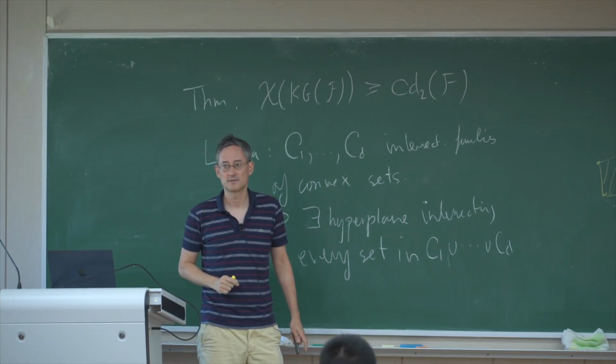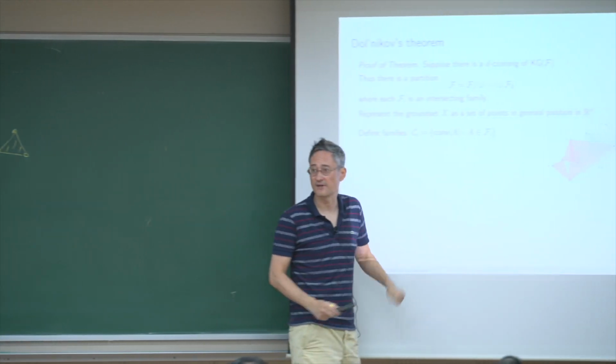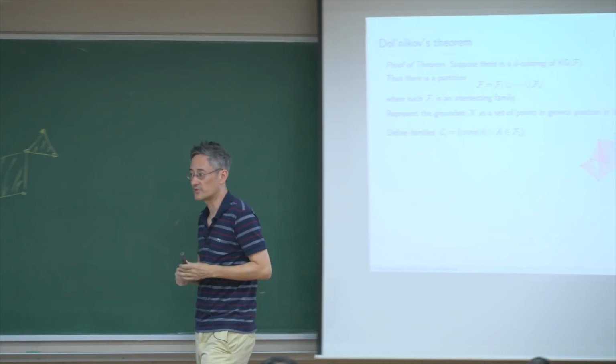But that's not important. Each Ci is an intersecting family. This we know for sure.